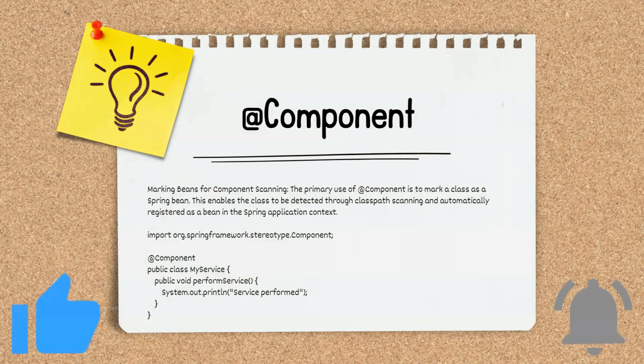Whenever it identifies the class on the classpath, it automatically creates the bean and registers it with the bean registry. If we don't specify @Component at the class level, it will be treated as a normal class and won't get the features related to a Spring Bean.